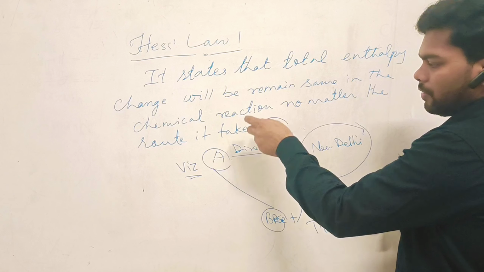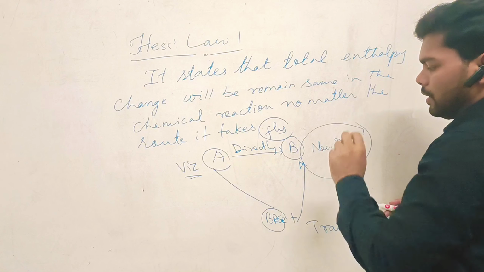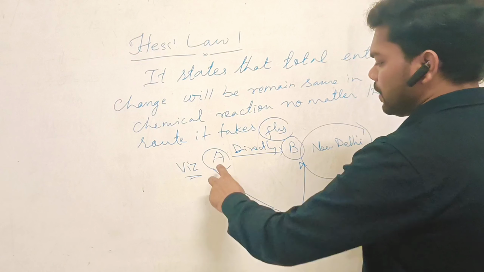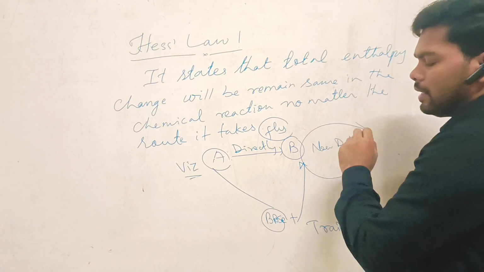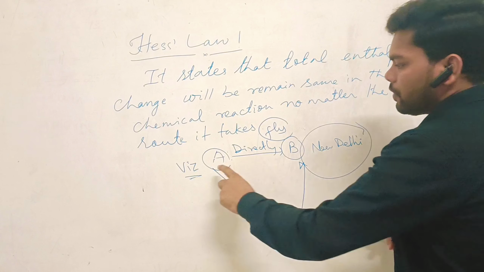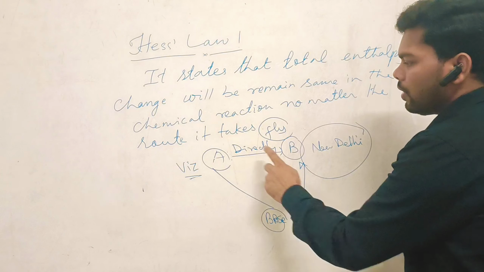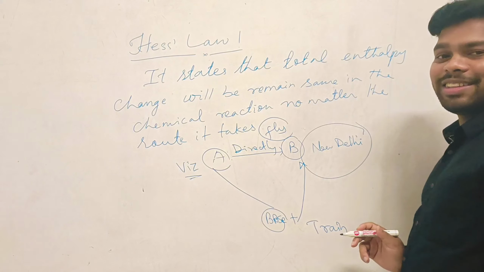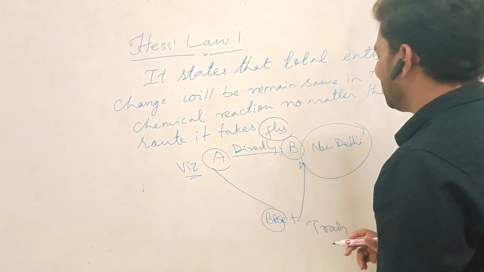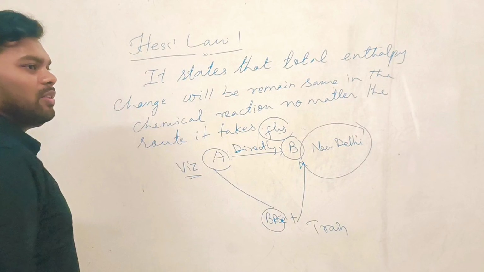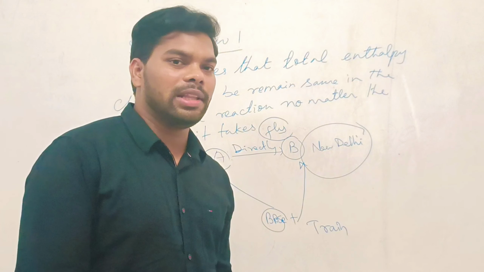In the same 5,000, in an AC berth you can reach New Delhi through the train. So whether you follow multiple steps or go directly, the money will remain the same, 5,000, and the destination will not change. You will of course be reaching New Delhi.